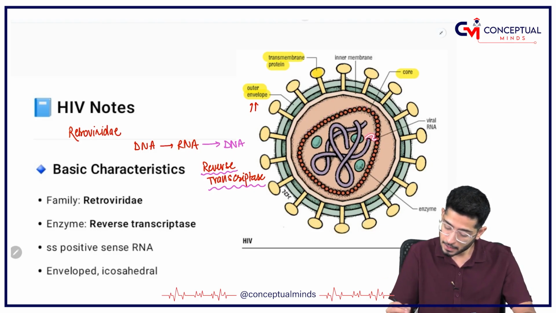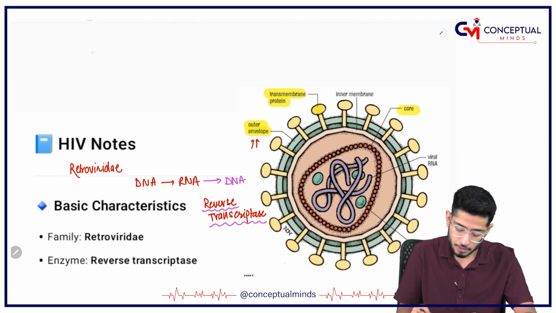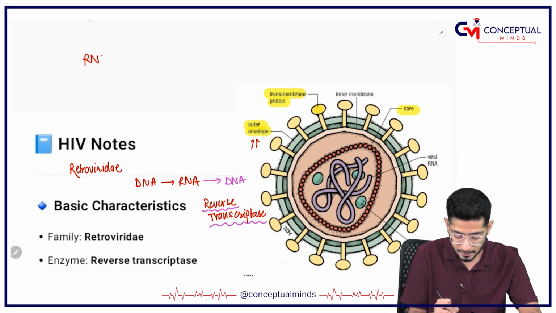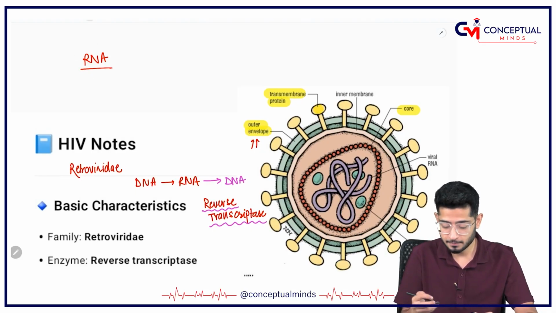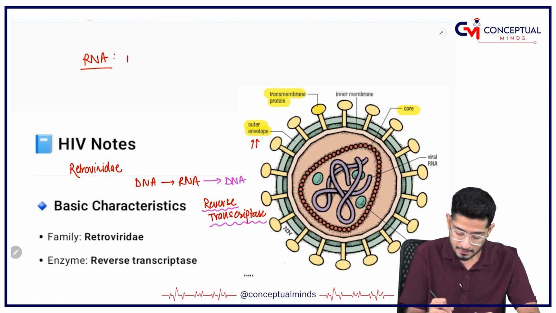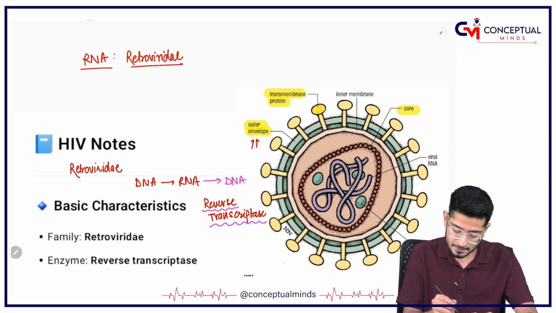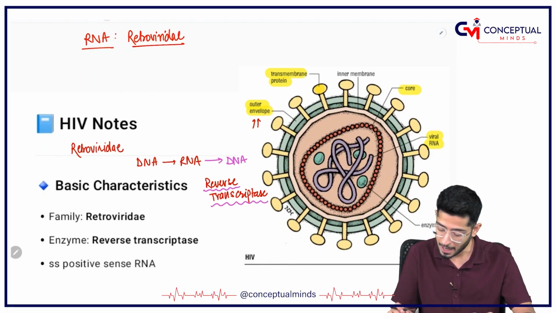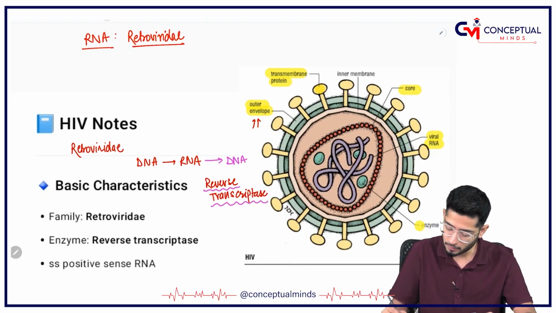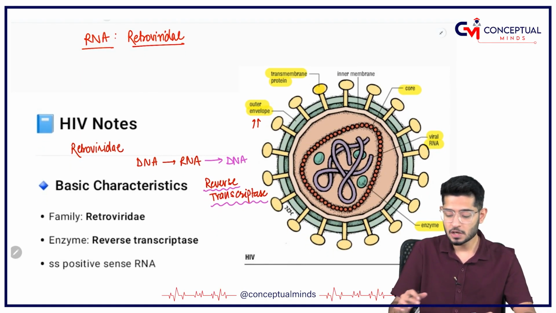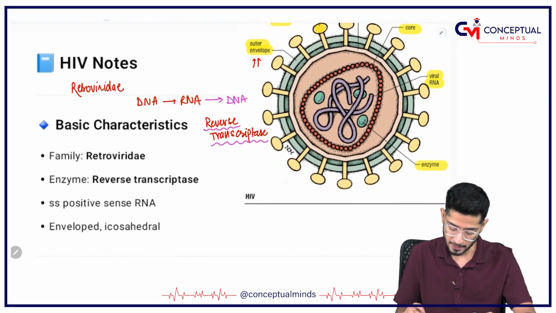If you remember, I told you the mnemonic for RNA viruses and gave different examples, and Retroviridae is one of the examples of RNA viruses. Obviously some enzymes are going to be there. So this is roughly the structure of HIV.